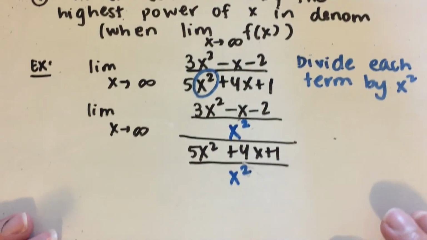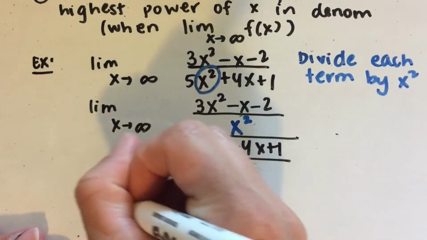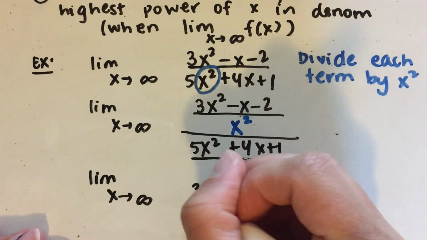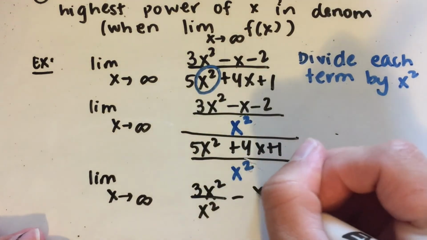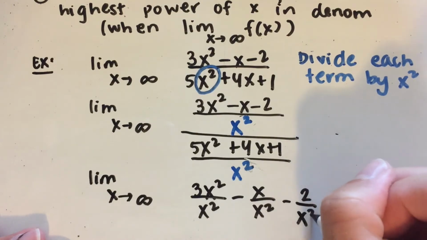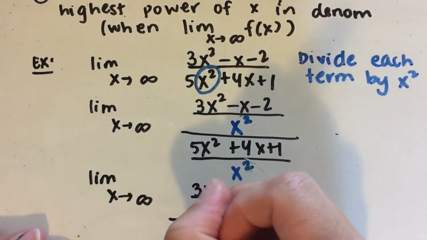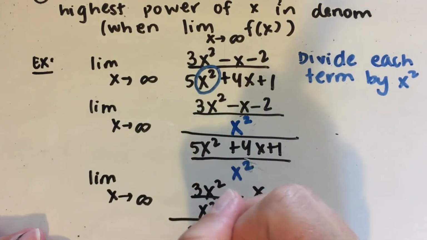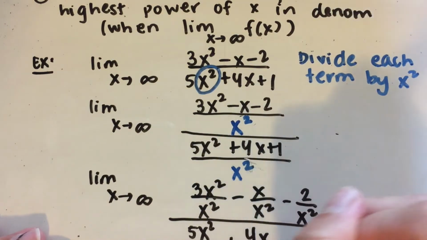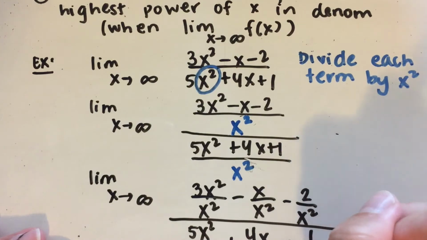So then I get the limit as x goes to infinity of 3x squared over x squared minus x over x squared minus 2 over x squared, all divided by 5x squared over x squared plus 4x over x squared plus 1 over x squared.